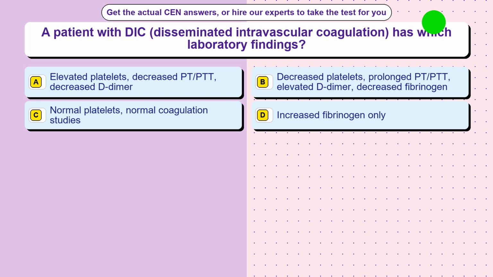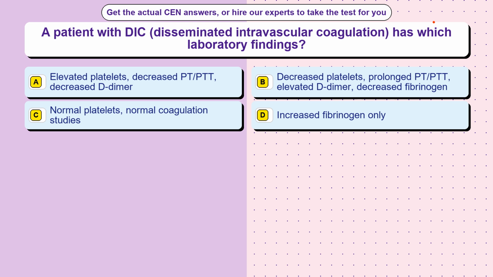Question 81. A patient with disseminated intravascular coagulation has which laboratory findings? Option A, elevated platelets, decreased PT/PTT, decreased D-dimer. Option B, decreased platelets, prolonged PT/PTT, elevated D-dimer, decreased fibrinogen. Option C, normal platelets, normal coagulation studies.